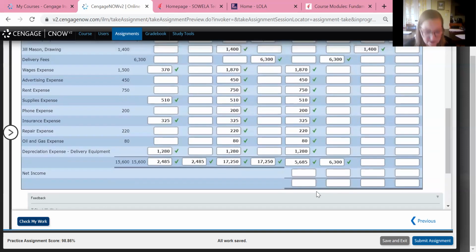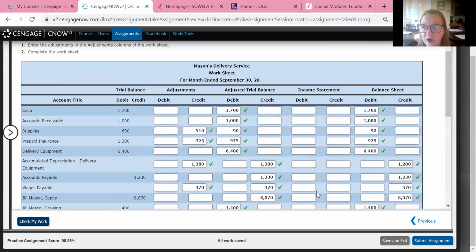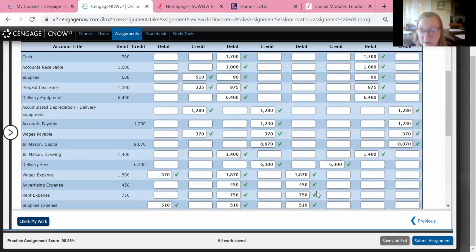So let's go ahead and do the other one, the balance sheet, and then we'll come back and finish this. Okay, so let's do the balance sheet piece. For the debits, 1,700 plus 1,000 plus 90, 975, 6,400, 1,400.